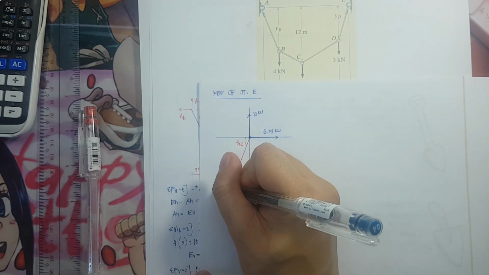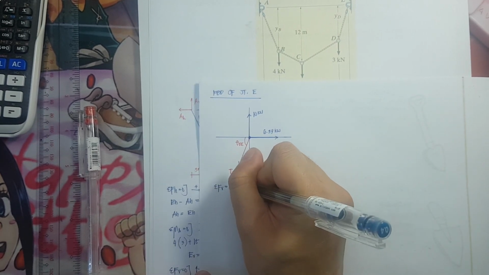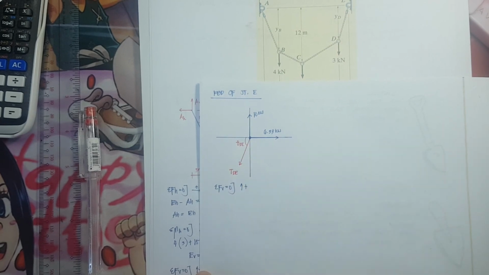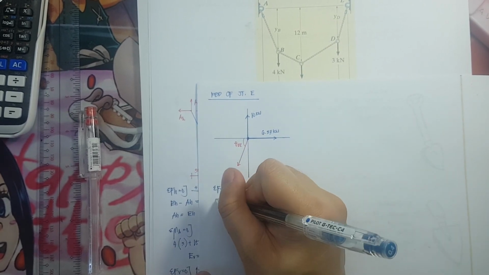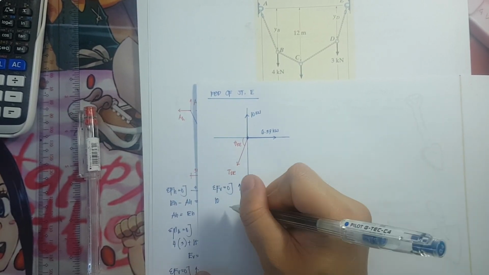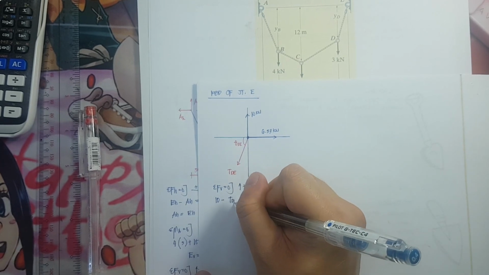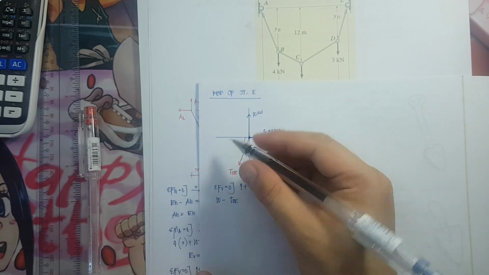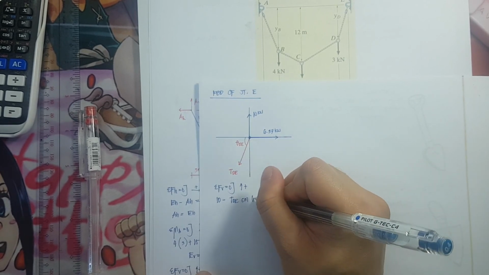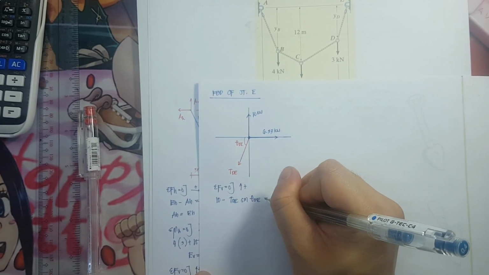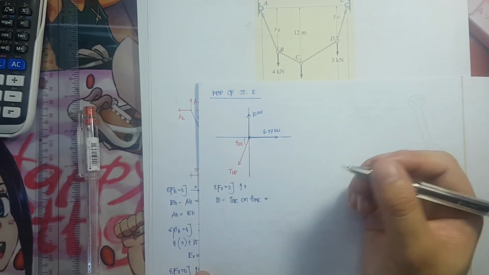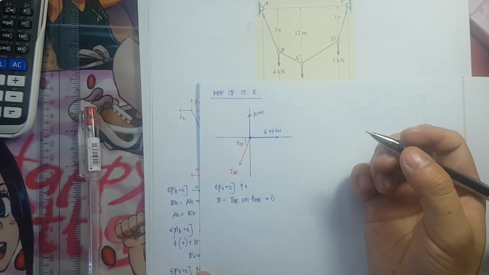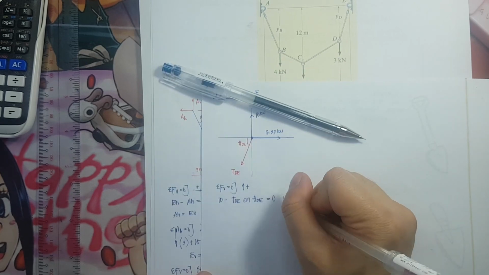Summation of forces vertical is equivalent to 0. All forces that are pointing upward should be positive. So we have here 10 minus TDE, and for the vertical it is a sine function, opposite. So sine theta DE is equivalent to 0. This is my equation number 1.